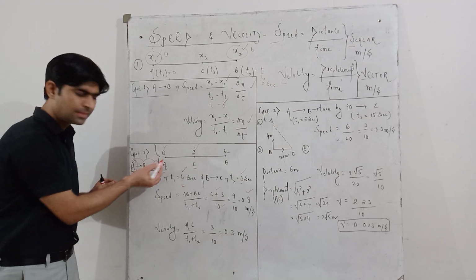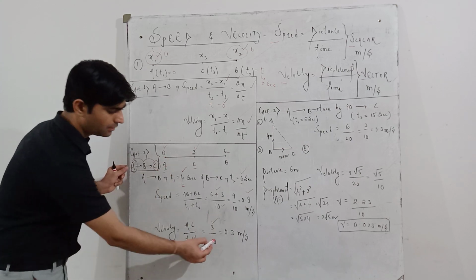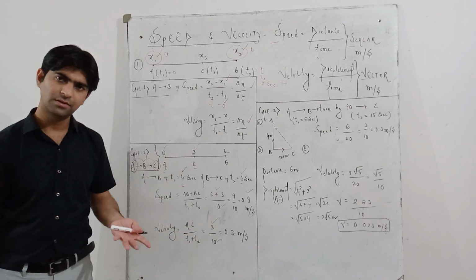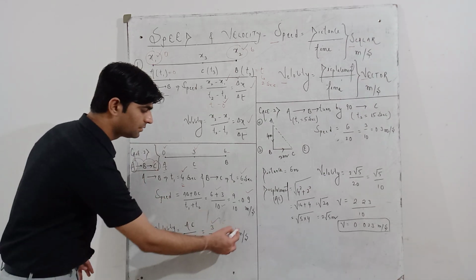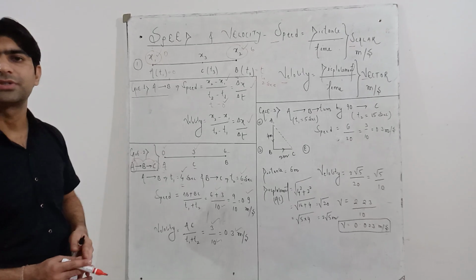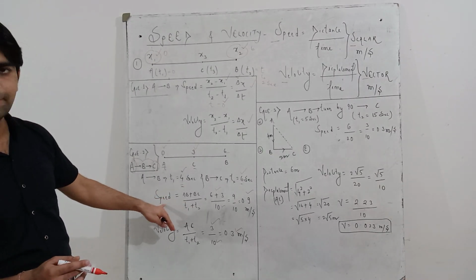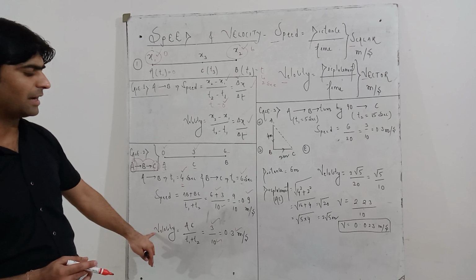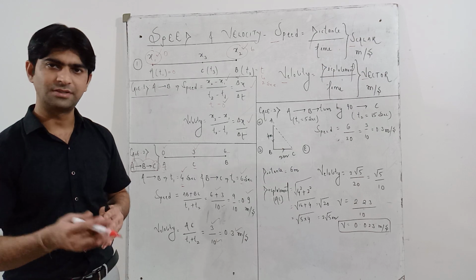CA. So 3 minus 0, that is 3, upon total time, which is again 10 for the complete journey. So 3 upon 10 is 0.3 meter per second. So if you see here, the magnitude of speed is greater than the magnitude of velocity, similar to distance and displacement.